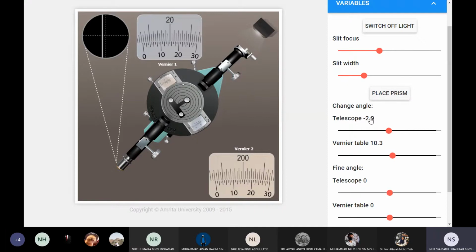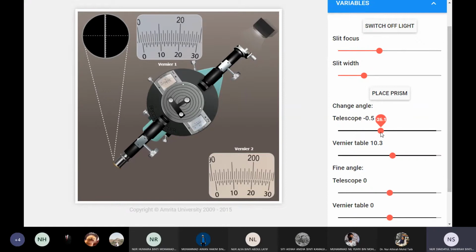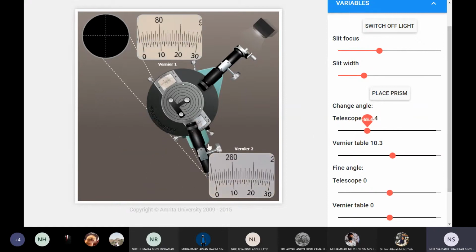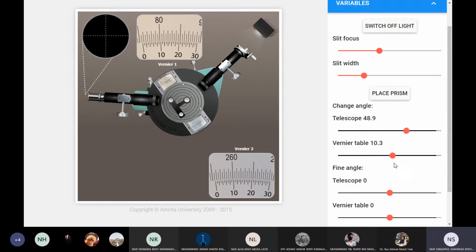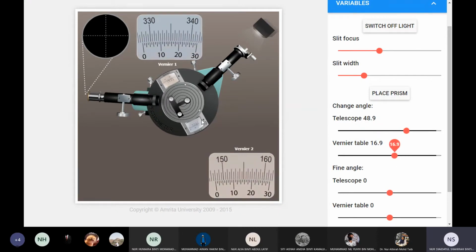For this change angle panel, it is used to move the telescope, or you also can just drag the telescope like this. And this is to rotate the vernier table. And for this fine angle, it is used for us to fine adjust the telescope.